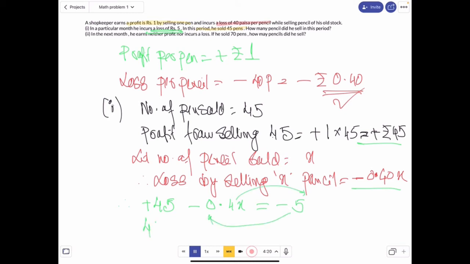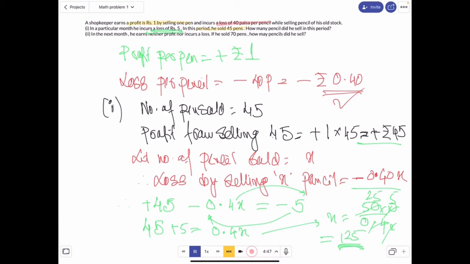So this is 45 plus 5 is equal to 0.4x, which is x equal to 45 plus 5 is 50 divided by 0.4. This goes on top, so this is like 25, and cutting with 2, it's like 5. So he has sold 125 pencils.